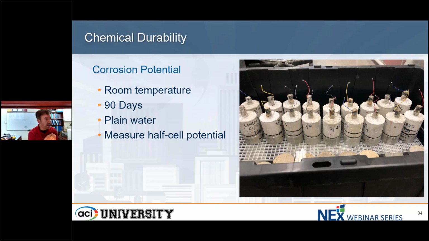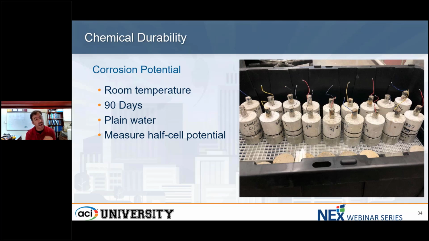So room temperature, 90 days, just tap water. You could use lime water if you wanted to. We actually wanted to see, if we used plain water and we got some leaching and some of that calcium hydroxide coming out, whether it would increase porosity and make it even worse for the concrete sample.